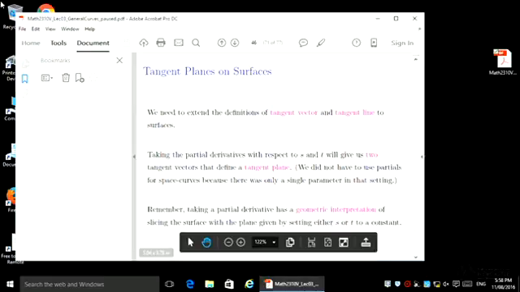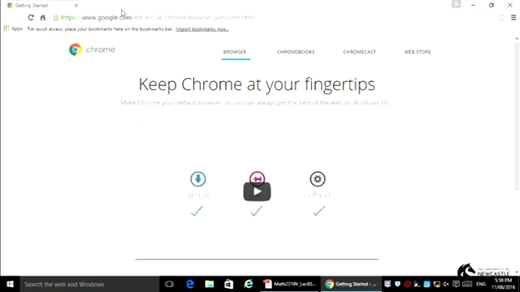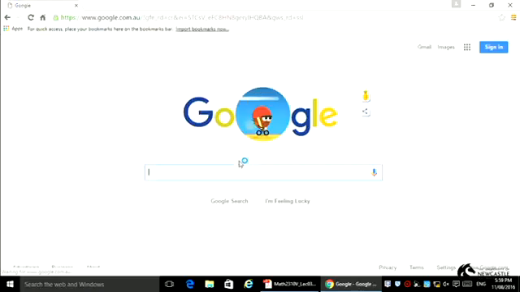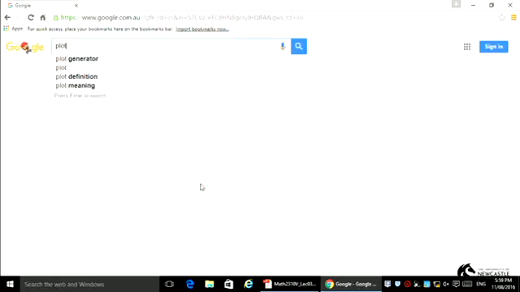Right, so let's take a look at this. Some visualizations. Because it's useful to know how to plot stuff. So do you know that you can plot right from Google? What is happening? So I can say plot x squared.